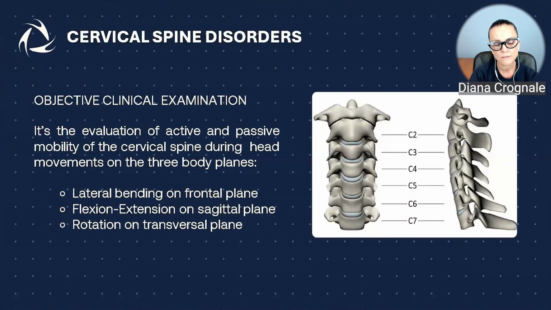Lastly, the objective clinical examination is mandatory because the clinician needs to quantify the active and passive mobility of the cervical spine during the head functional movements that you know are referred to the lateral bending, flexion extension, and rotation on the free body planes.